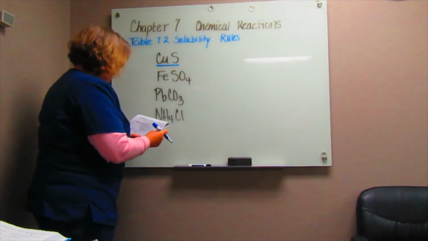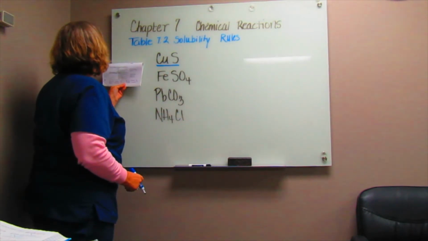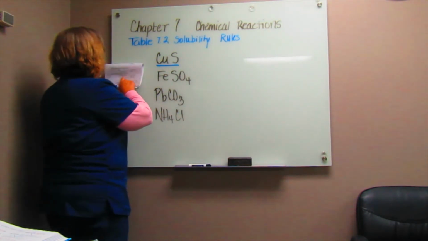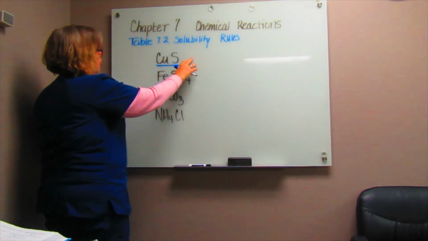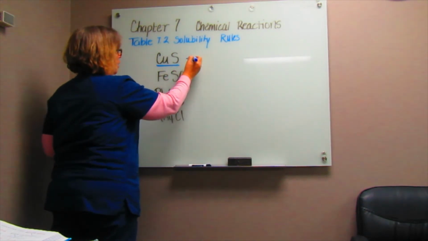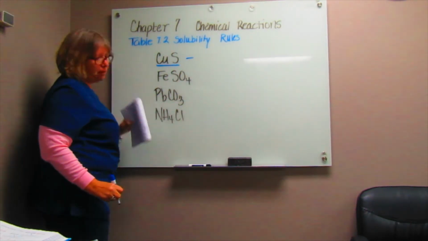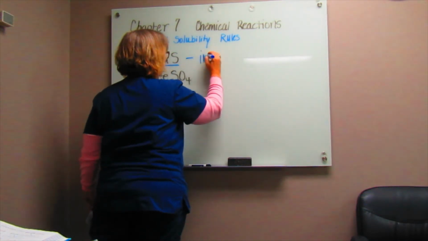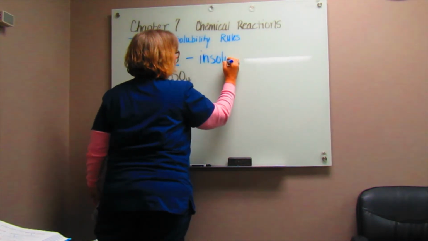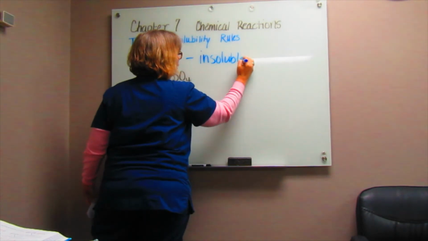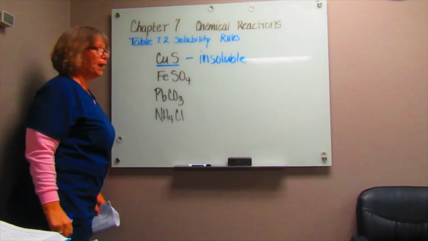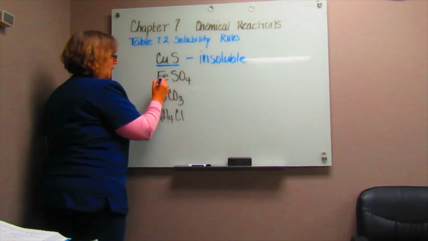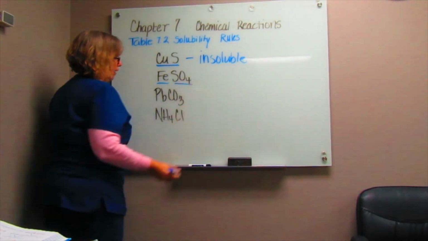So just checking our solubility table, sulfur. So there are no exceptions for sulfur and copper. So when we look at the solubility table, we can actually say that this is an insoluble compound, right? So now let's look at iron and sulfate.